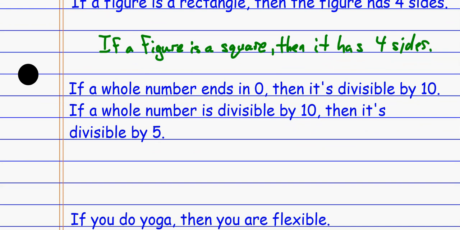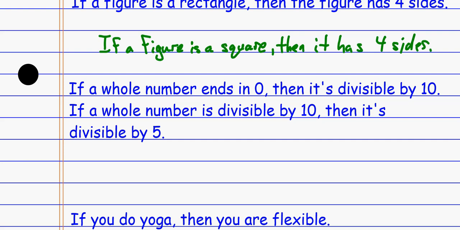If I look at this: if a whole number ends in 0, then it's divisible by 10. We know that. This is an algebraic example. If a whole number is divisible by 10, then it's also divisible by 5. And we know that. Everything that is divisible by 10 is also divisible by 5.